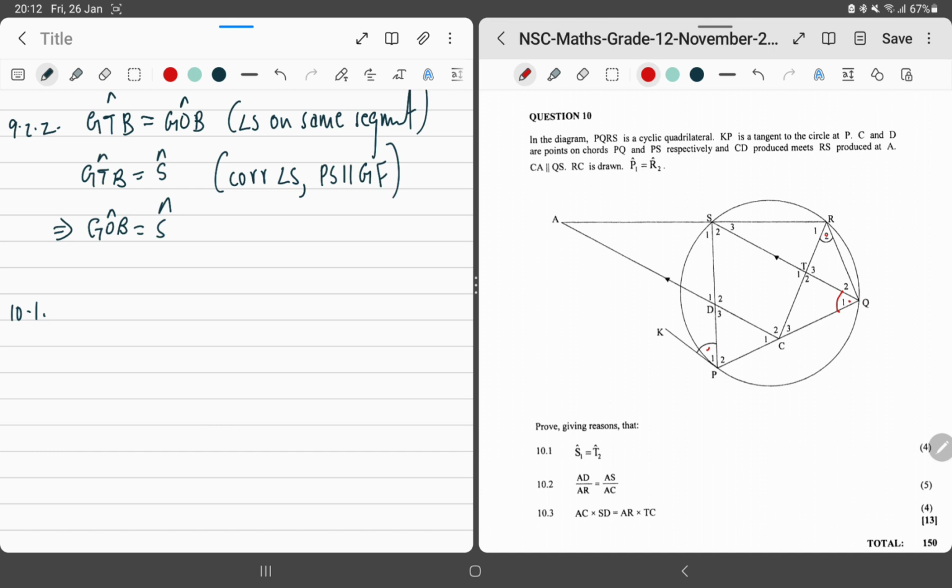10.1. I need to prove that S1 is equals to T2. Okay.